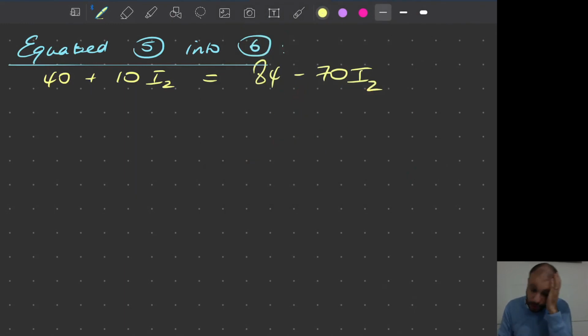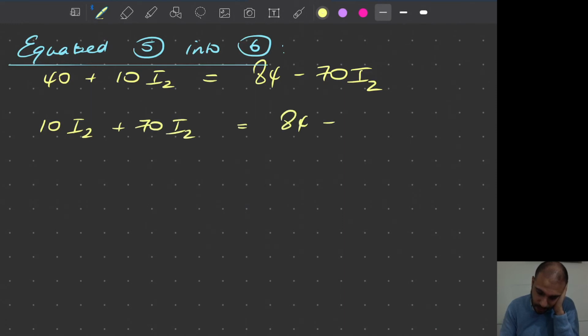Good, let's collect the same unknown i2 on one side. Okay, so we get 10i2 plus 70i2 is equal to 84 minus 40.